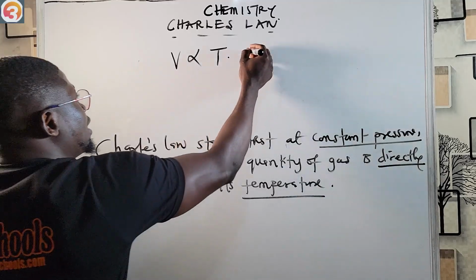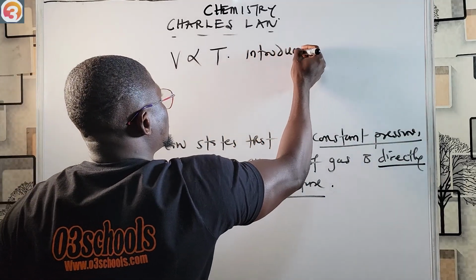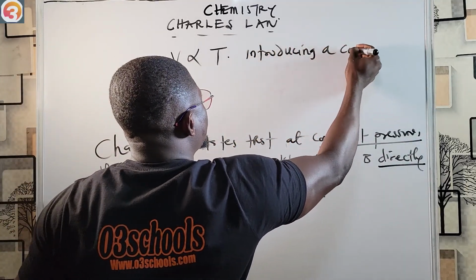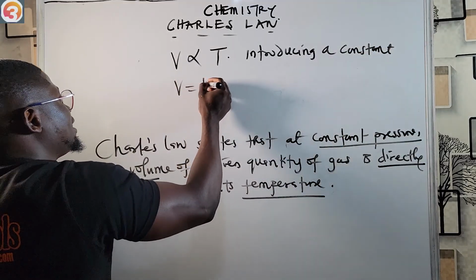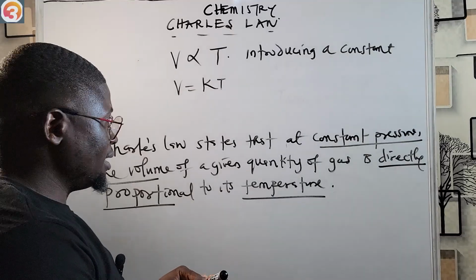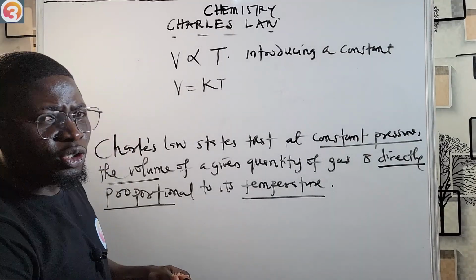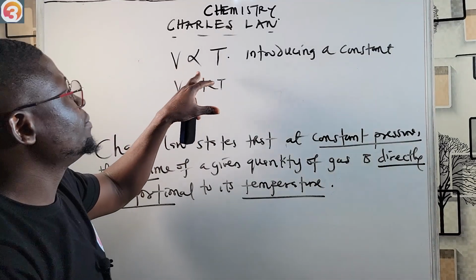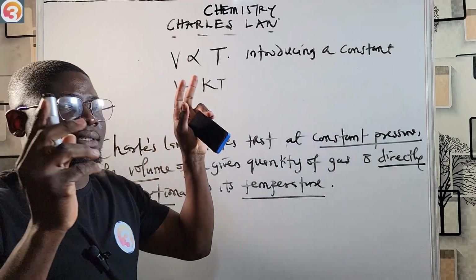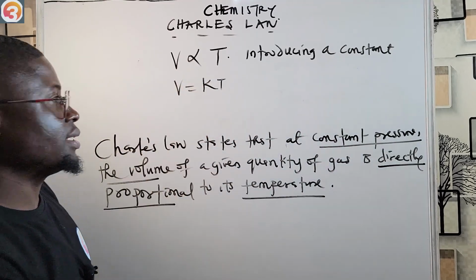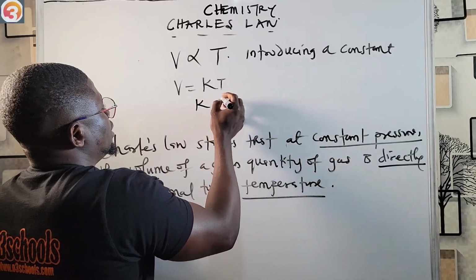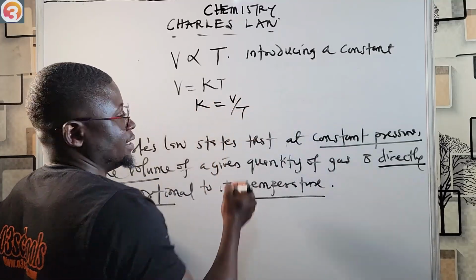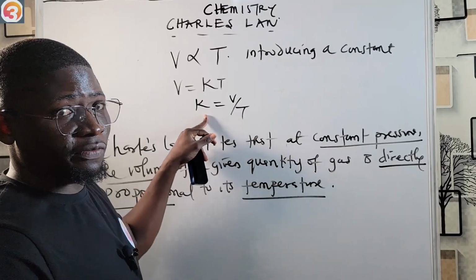So we introduce a constant, so that V now becomes KT. When we introduce a constant, the sign of proportionality disappears. So V is KT, and this means that K is equal to V over T.